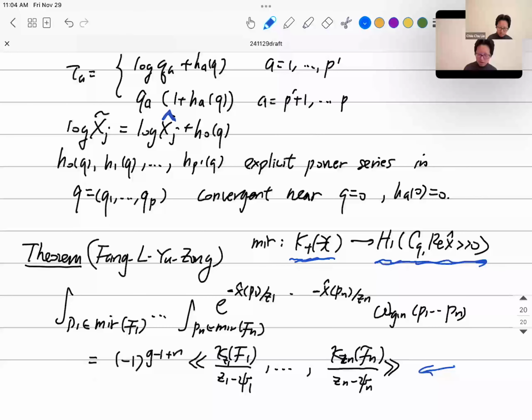So we use that to derive the B model graph sum formula for open invariants, closed invariants, and descendant invariants. To match it with the A side, we use the genus zero closed mirror theorem to match the vertices, edges and dilaton. And for the open part, we use the genus zero open mirror theorem to match the leaf contributions.